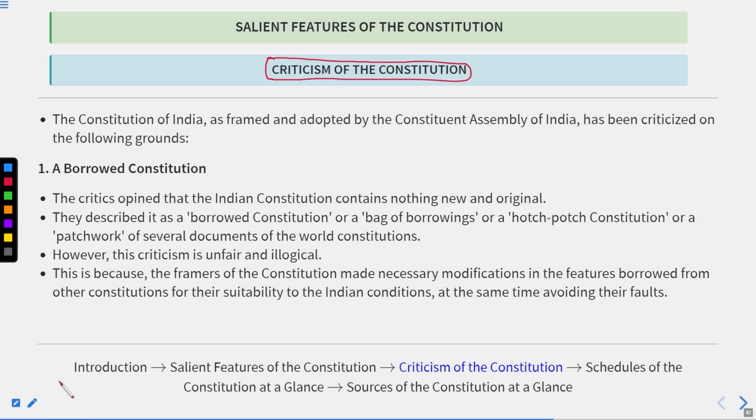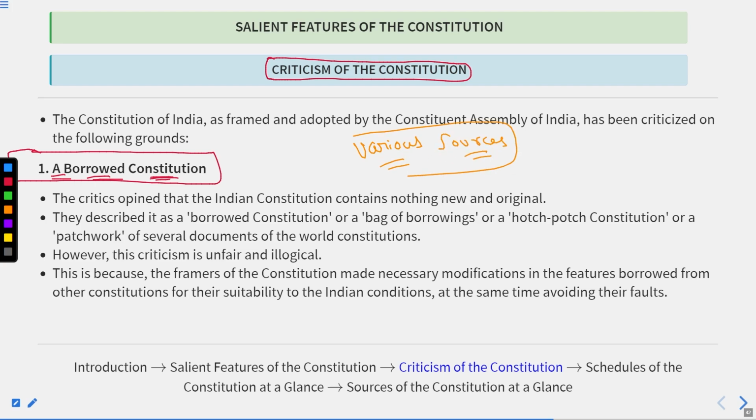So let's start discussing. The Constitution of India, as framed and adopted by the Constituent Assembly of India, has been criticized on the following grounds. The first ground of criticism is the borrowed constitution. The critics opined that the Indian constitution contains nothing new and original, because, as we discussed at the starting of this topic, it has been borrowed from various sources.